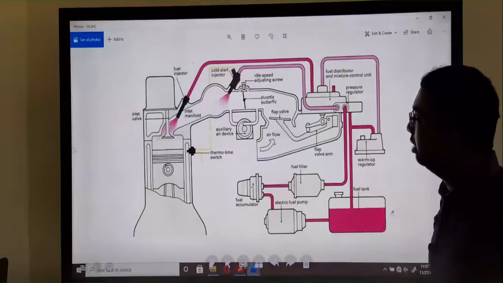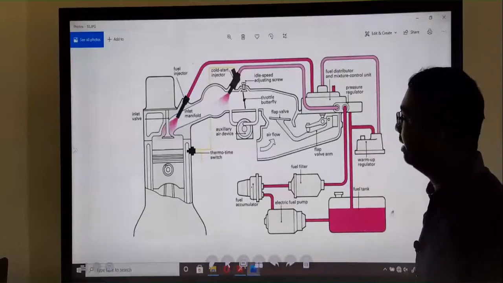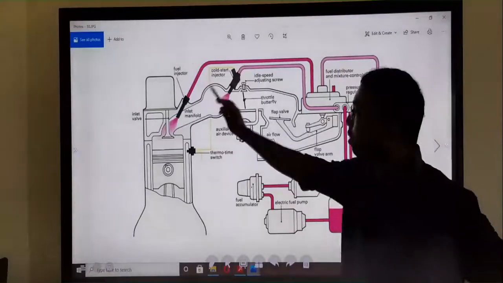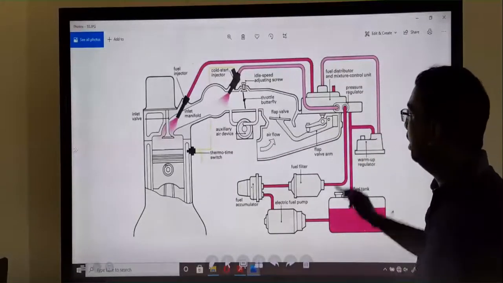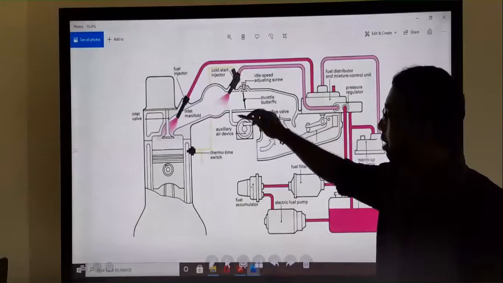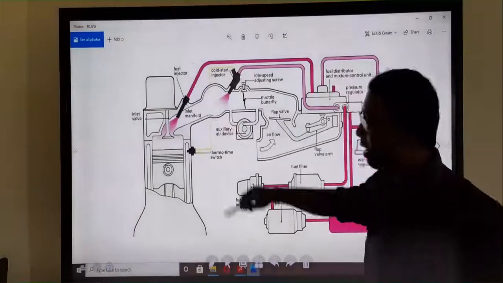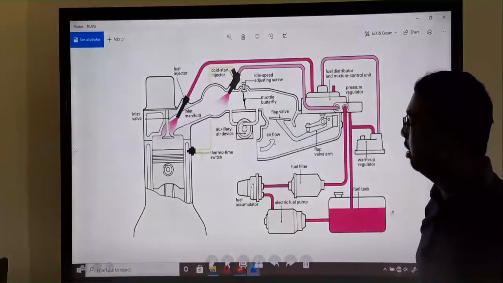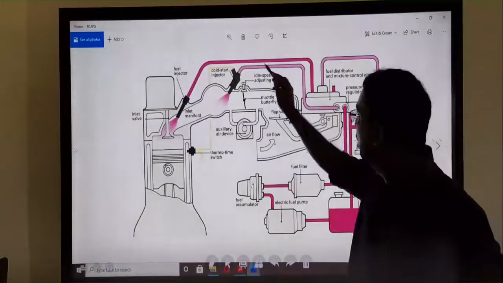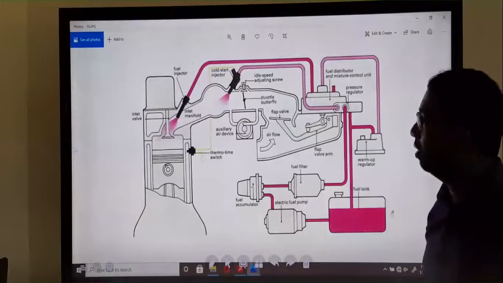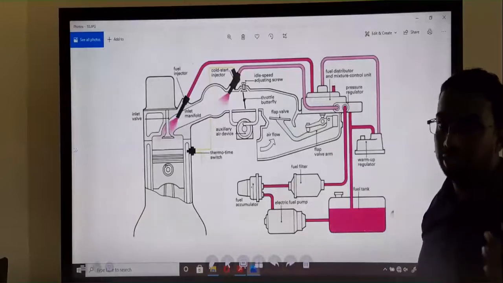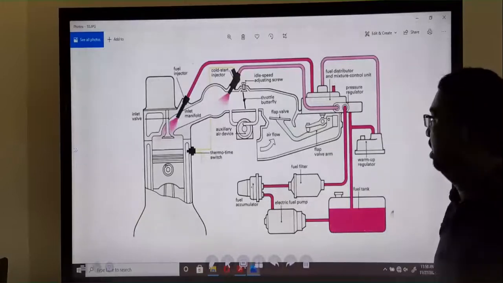Here there is a cold start injector, so there is a separate line. This is the normal condition. This is for the cold time. In the cold time there is extra fuel and this injector also works, because in cold time we need a rich fuel mixture.